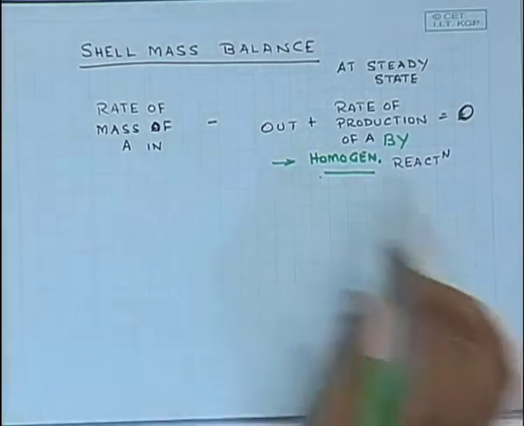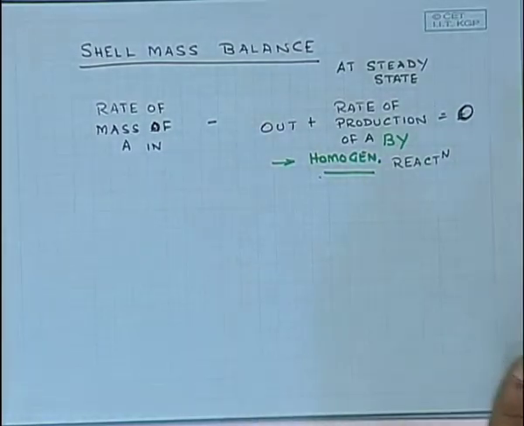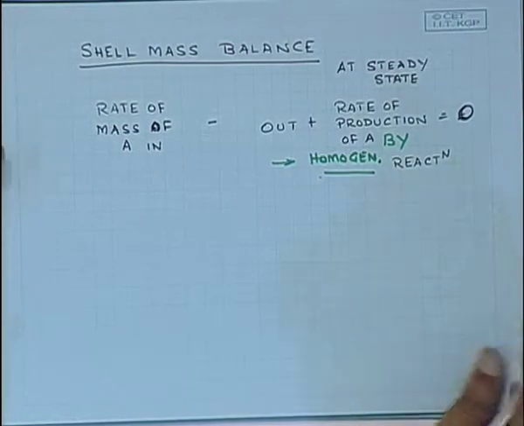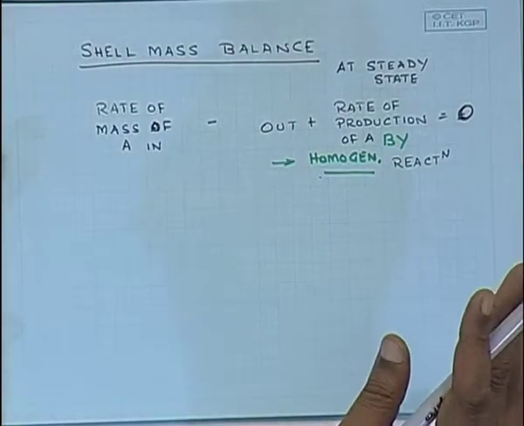Now, this equation we know what to do with, the steps, etc. The only thing is, some boundary conditions we have to understand, that is, which are the boundary conditions that would be applicable in the case of mass transfer. What are the boundary conditions that we had in, let us say, fluid mechanics? No slip condition. No slip condition is nothing but specification of velocity at a certain point.